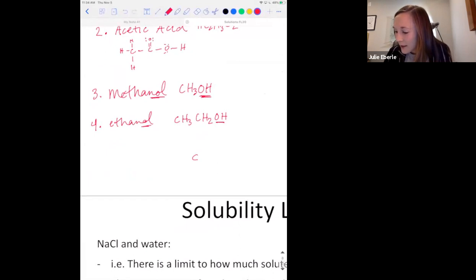If you had a molecule like this, then there's symmetry there, even though there's OH groups. Again, I don't know how we would name this, but that would be nonpolar because those dipoles would cancel. But if there's just one OH group, then yeah, for sure it would be polar.